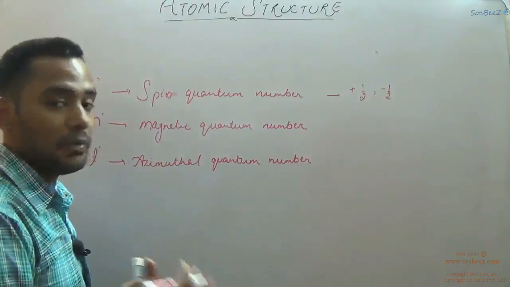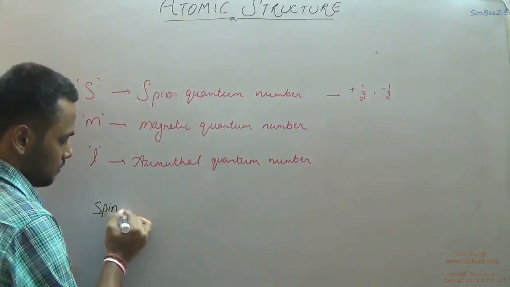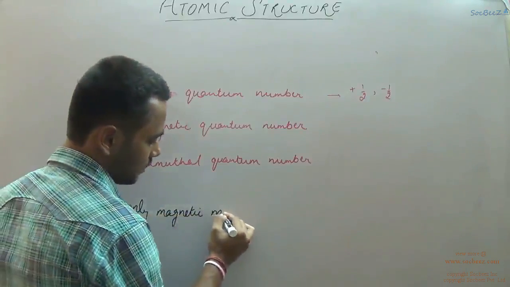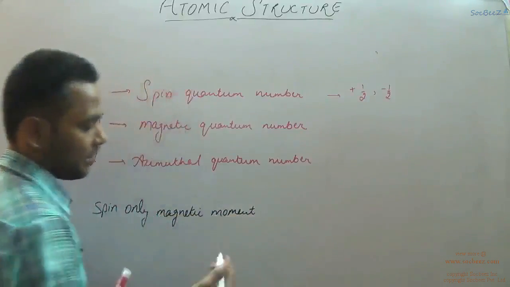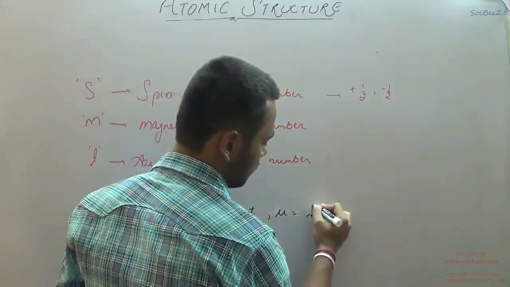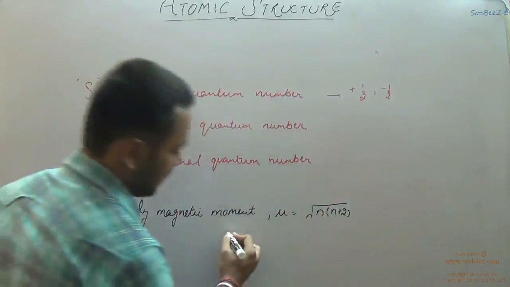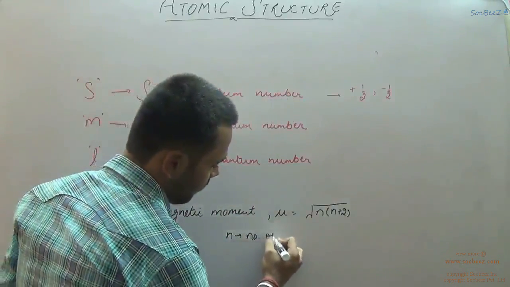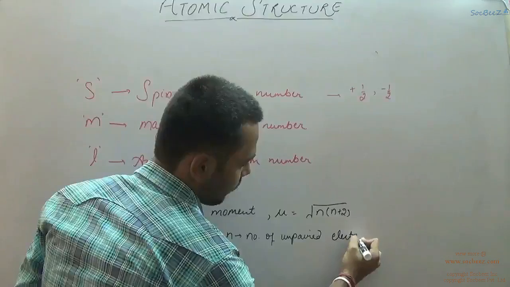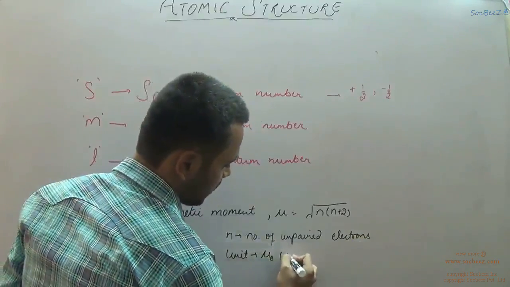And the spin only magnetic moment of an atom is mu equals under root n into n plus 2, where n is the number of unpaired electrons. Its unit is mu B, which is called Bohr magneton.